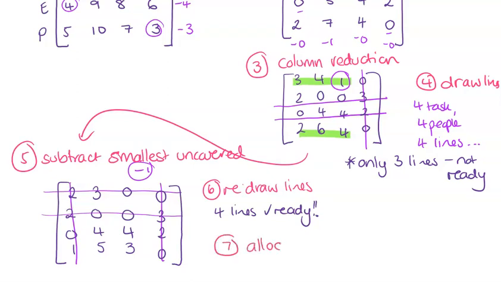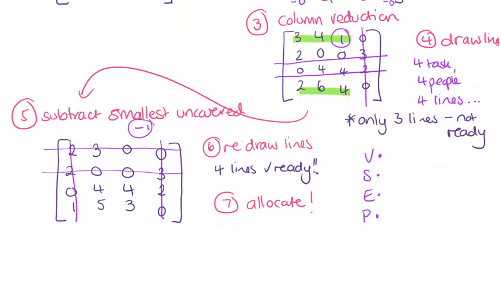So there's a couple of ways of allocating. I'll show you using a bipartite graph first, and then I'll show you a different way using the matrix. So with your bipartite graph, we take our people, so Vanita, Stan, Ebony, and Philip, and our tasks, designing, purchasing, cutting, and sewing.